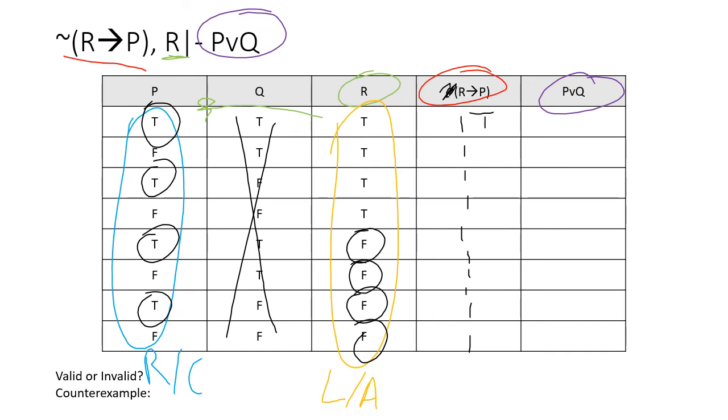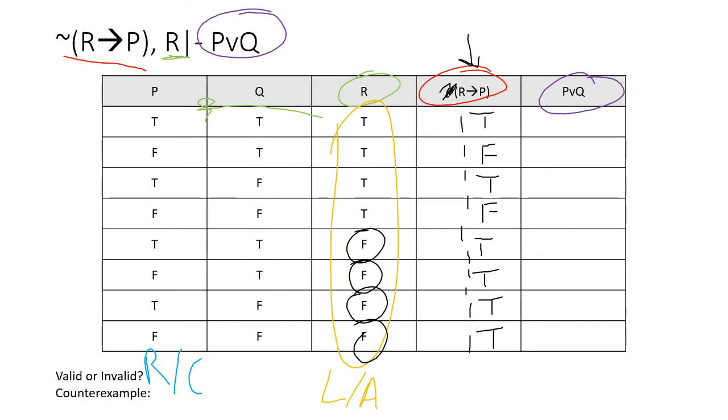So again, make sure you're reading the key the right way. You don't just read it left to right. You have to determine the value of an arrow based on what's on the left side and what's on the right side. If you read it from left to right, these truth values are going to be skewed. So it's important to read them the way that they're written in the premise, which is R on the left side and P on the right side.